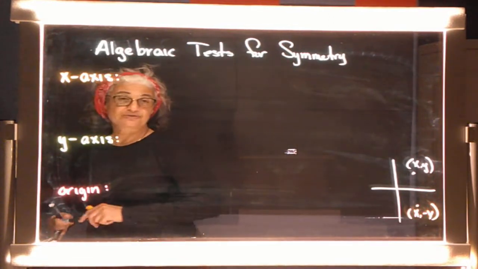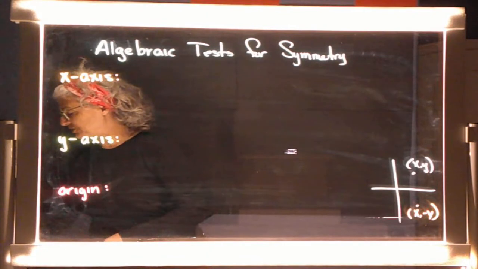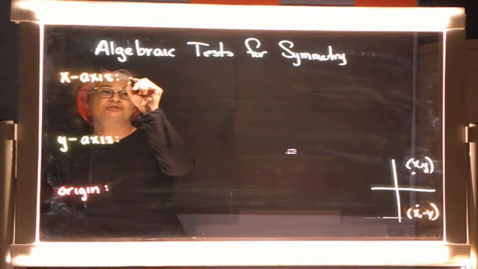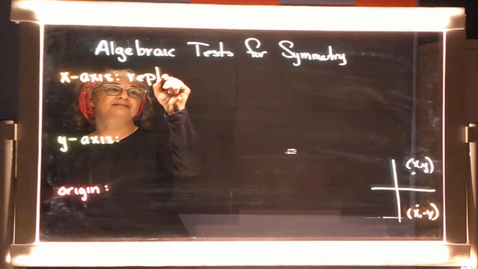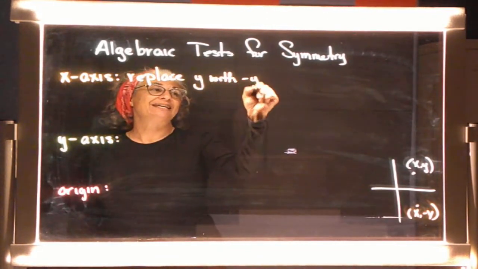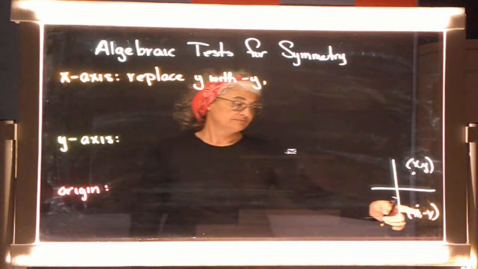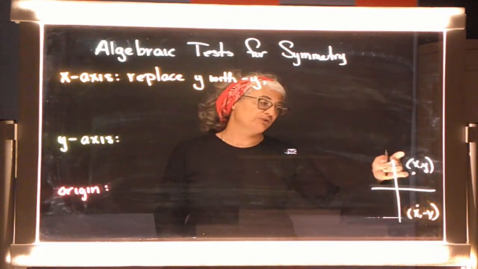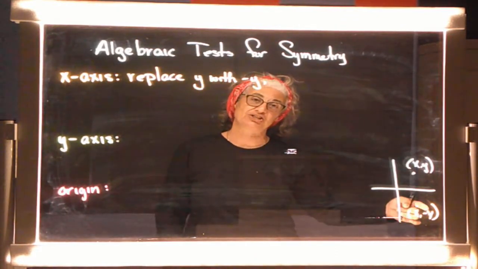Okay, so here's the algebraic test then for symmetry. We are going to replace y with negative y, right? Because that's what the symmetry, the x stayed the same, it was the y that changed.